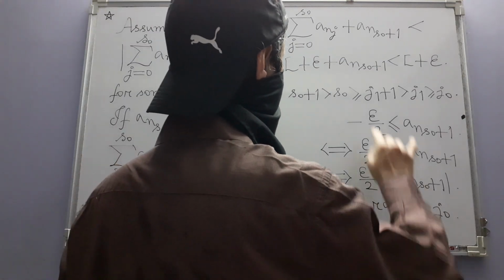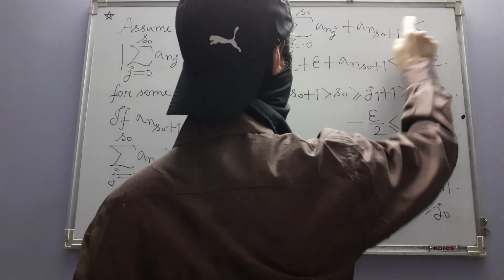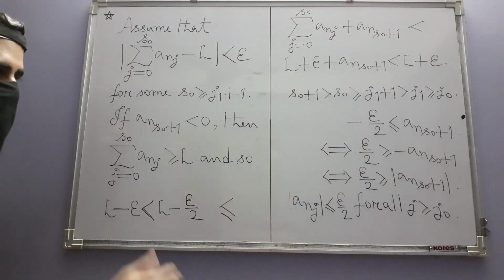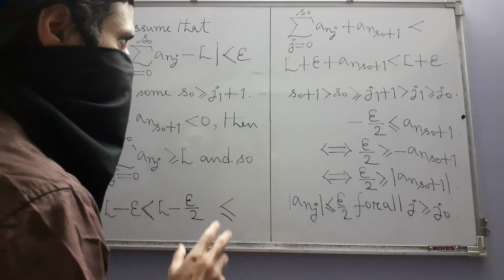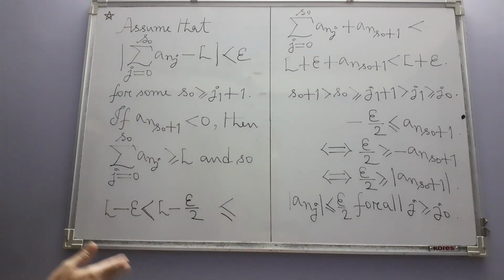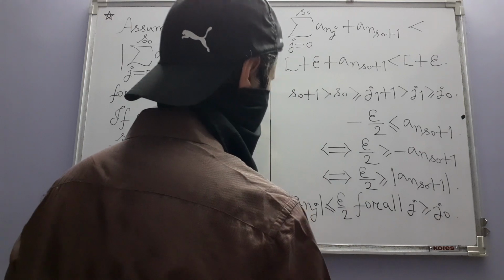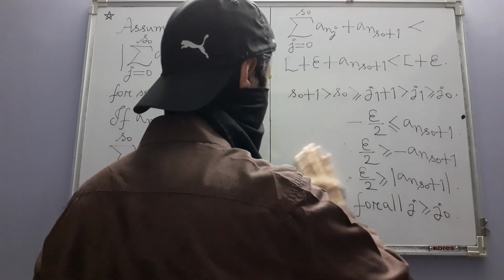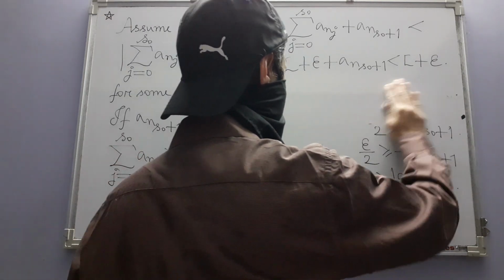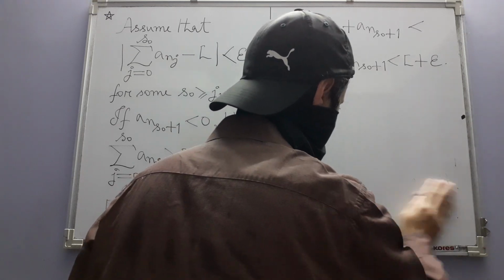But then after that we are writing that this is less than L plus epsilon plus A n S naught plus 1. Where is that coming from? That comes from the induction hypothesis. Because you see, this part I think I can now erase, because we have understood the previous inequalities.